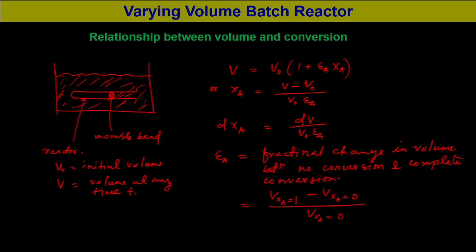Now, let us take a reaction and see how to calculate epsilon. So, now we will find out the fractional change in volume. Say, consider an isothermal gas phase reaction A to 4R.